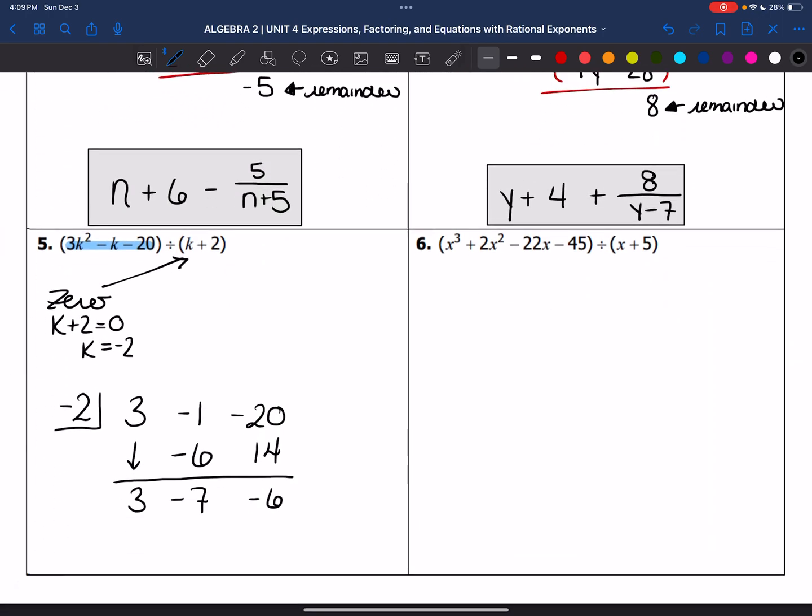So this last term right here is always our remainder. Whatever is at the end is our remainder. So I know that I have a remainder of -6, and that's going to be over what I'm dividing by, which was that k plus 2. I'm going to put this negative out in front because we don't assign the negative to the numerator. It's just that the fraction is negative.